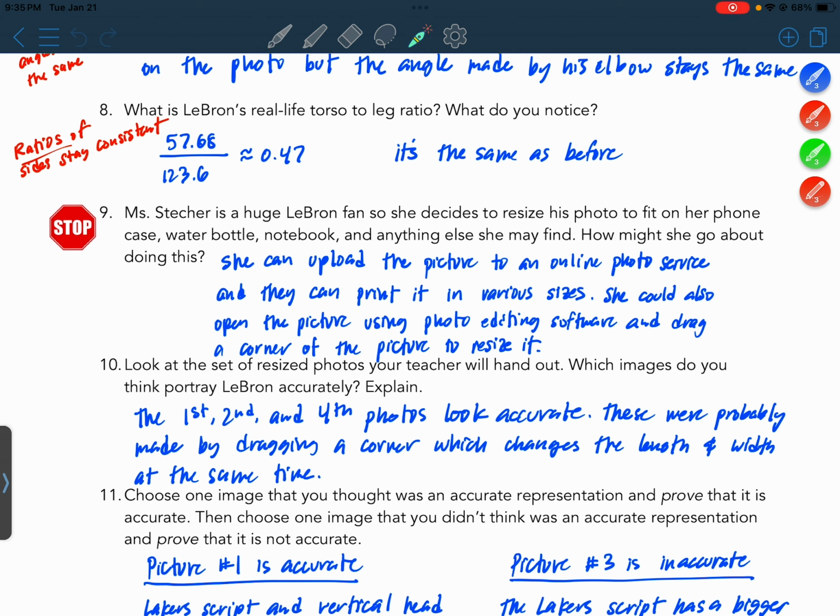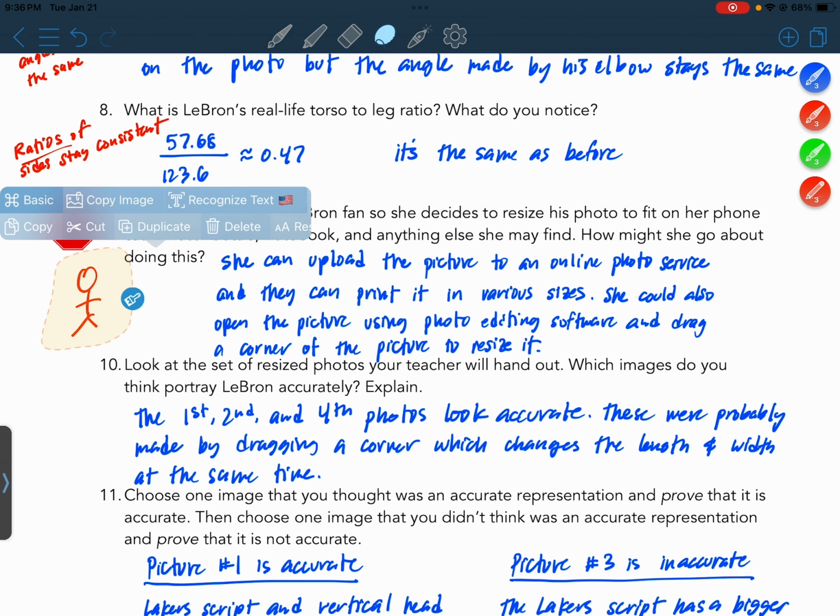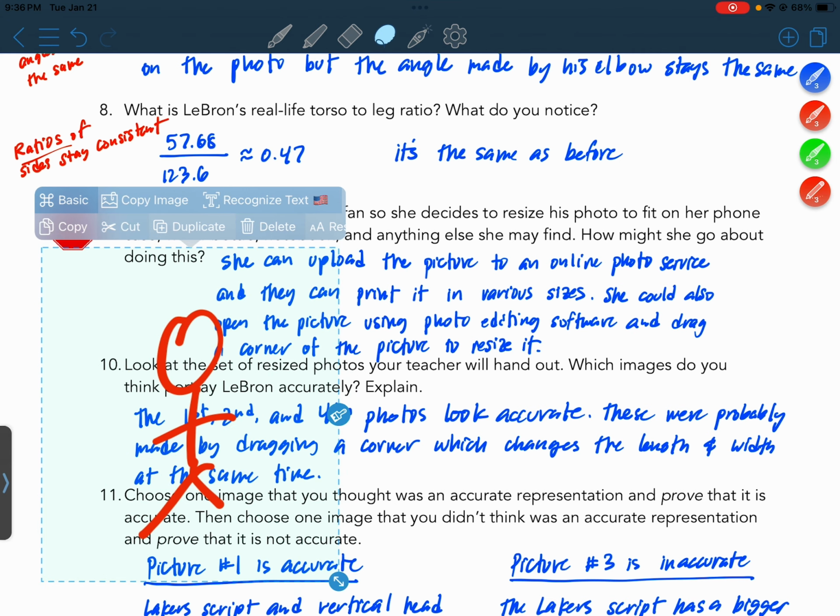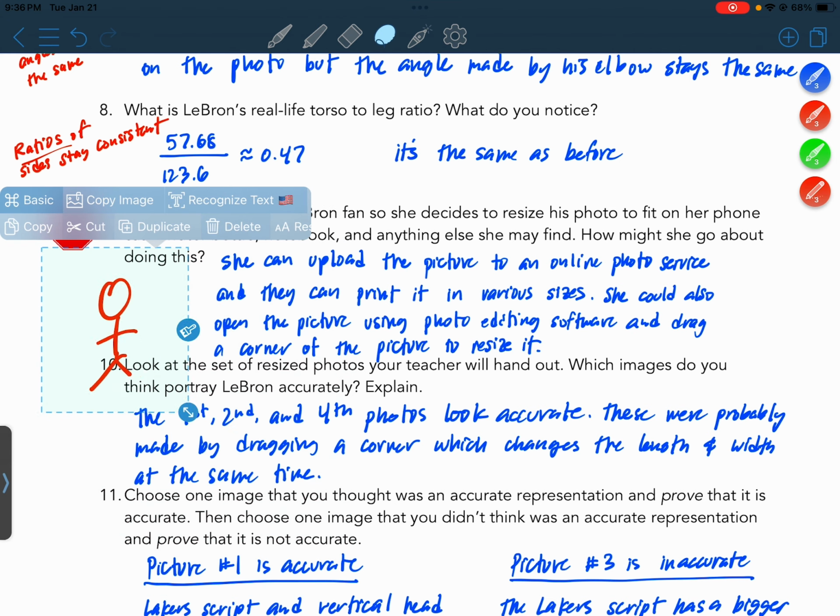You can use an online service that does it for you, or you can use some kind of photo editing software where you can just upload the image and then drag a corner to make it bigger, just like what you see me do here on the screen. If I have an image of LeBron James, I can grab a corner and drag it out to enlarge or push it in to shrink it. So kind of doing something like that.